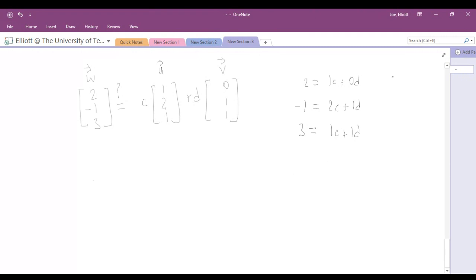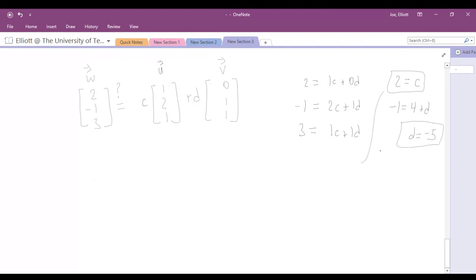All right, so in the first equation, C would have to equal 2. Now, if I go to the second equation and plug in 2 for C, and then solve for D, we will get -5.